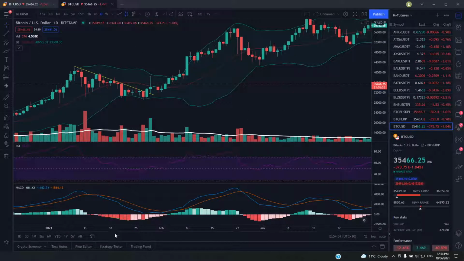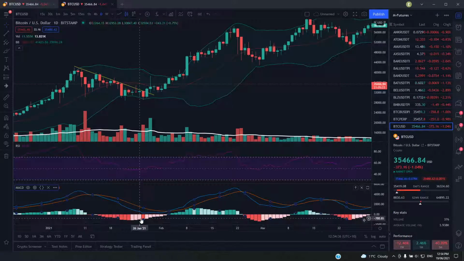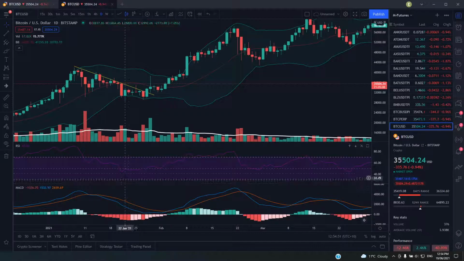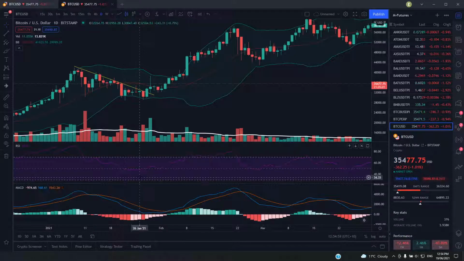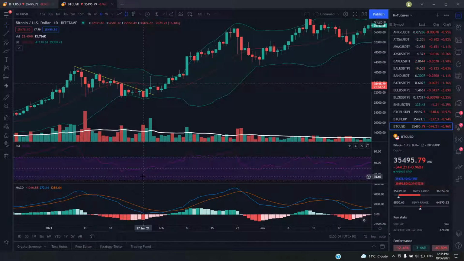You can even use this bar and this bar on the histogram as a divergence, because it's low, low, low, high divergence. Same on the RSI: you've got 43.92, and it's very similar. So it's a double bottom on the RSI, which also signals a bullish indicator, and it's only off by 0.92. You know what I mean?